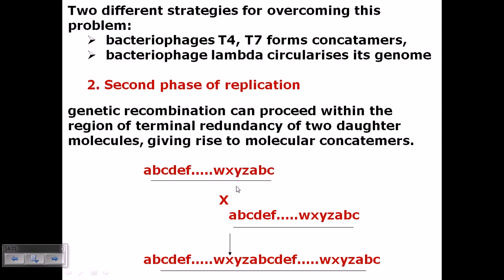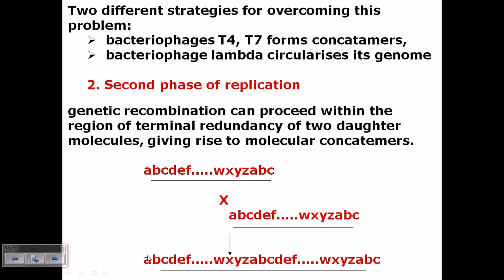Okay, so as they are having this kind of redundancy, they can have recombination between themselves. As you can see, with recombination, we can attach two different gene segments like that, and this is important. This kind of recombination takes place during the second phase of replication of T4 phage, and it gives rise to molecular concatemers. Concatemers mean a long stretch of DNA having the same sequences attached all the time.